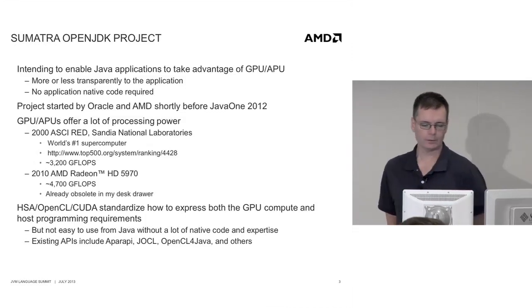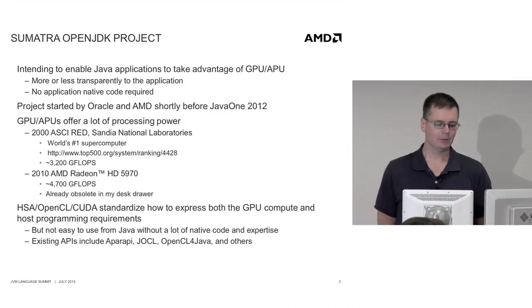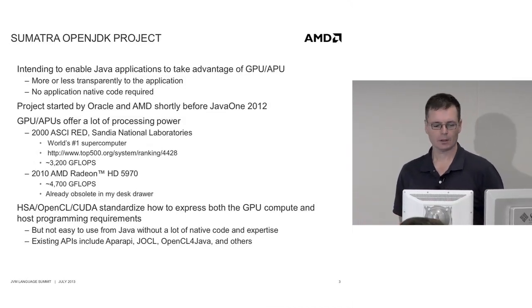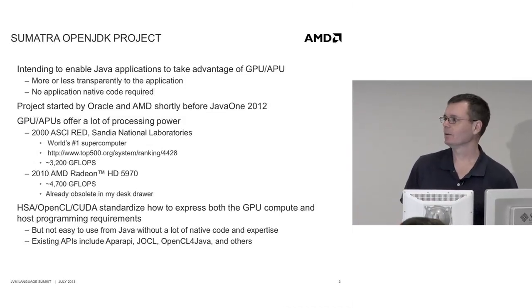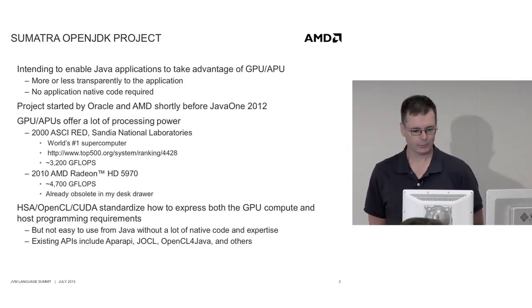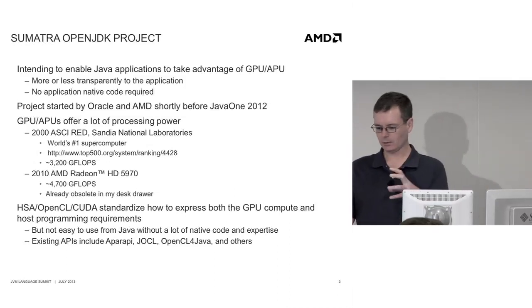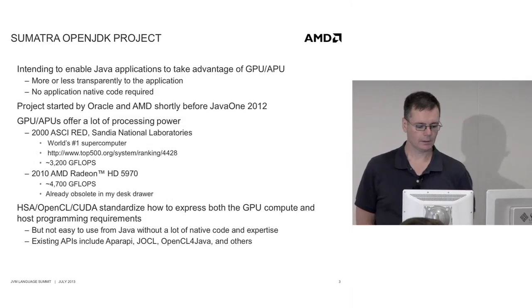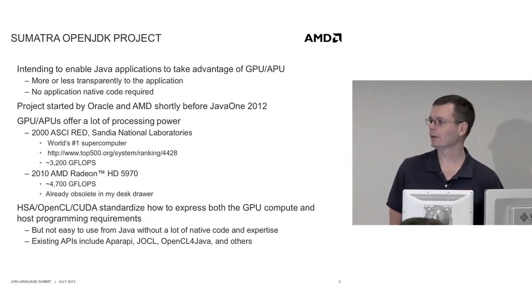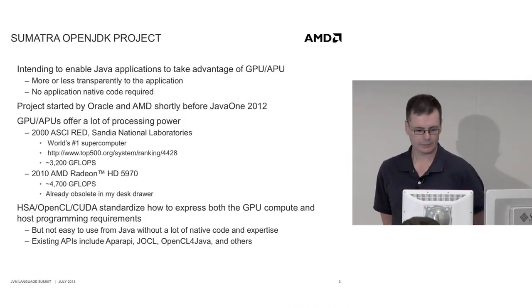In terms of why would you actually want to do this anyway? The GPUs really have an awful lot of processing power. Just as an example here, in 2000, the world's top supercomputer could do 3,200 gigaflops. But now you can go to Fry's and just buy a card that can do 4,700 gigaflops. And the one that I've noted there is already obsolete.